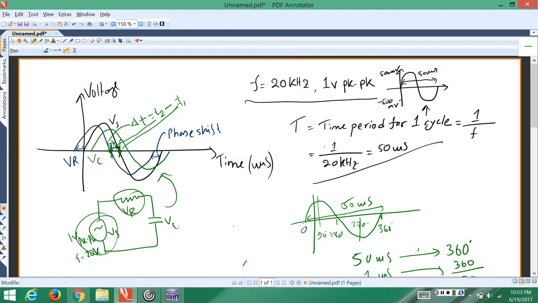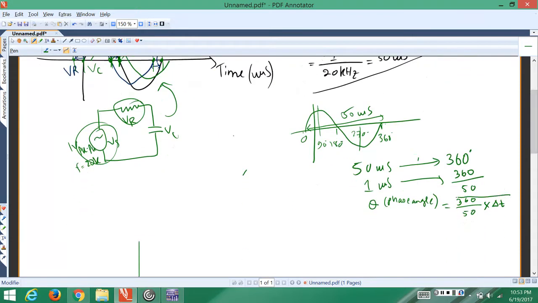I'll use my cursors to find these two time readings, and you can place the cursors anywhere. It could be measuring this difference, or this difference, whichever is convenient. The idea is to find this del t, which can later be used in this formula. Another way of expressing this is del t divided by your time period for one cycle, times 360. That's the same, and that would give you your theta, your phase angle or phase difference.